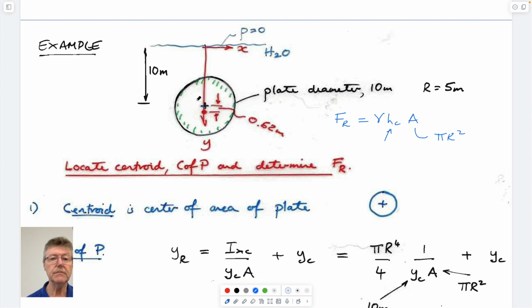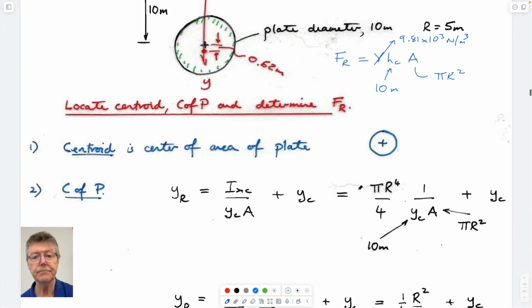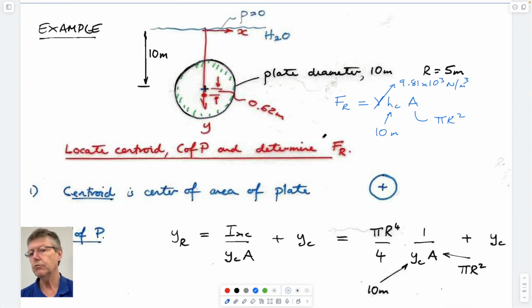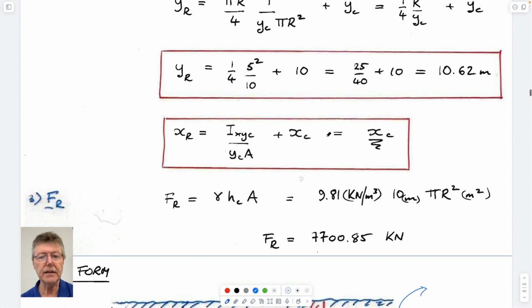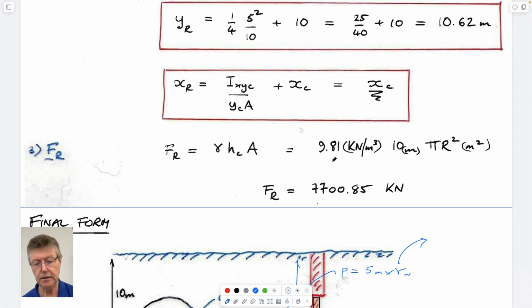Depth of the centroid, it's 10 meters below the surface, and so this is 10 meters. And this is 9.81 times 10 to the 3 newtons per meter cubed, sorry, right? So we know easily what that magnitude FR is, and it gets calculated down here. That's this.